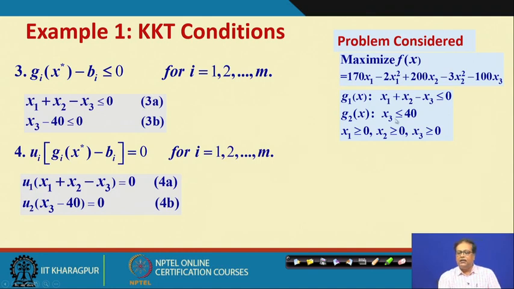So, what was the constraint? x1 plus x2 minus x3 less than or equal to 0, and written this way, x3 minus 40 less than or equal to 0. So, this is the third constraint. The fourth constraint is that the corresponding multiplier and this term, when you multiply, should be equal to 0.